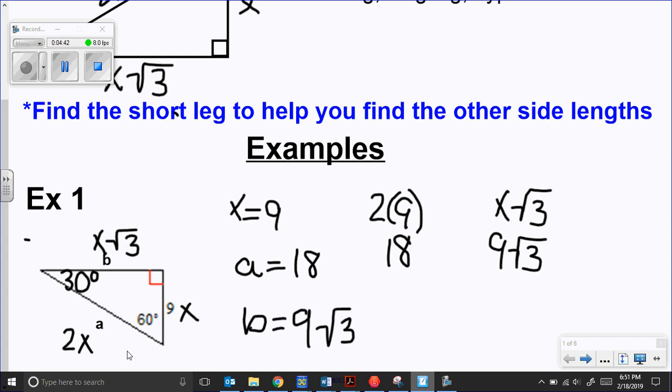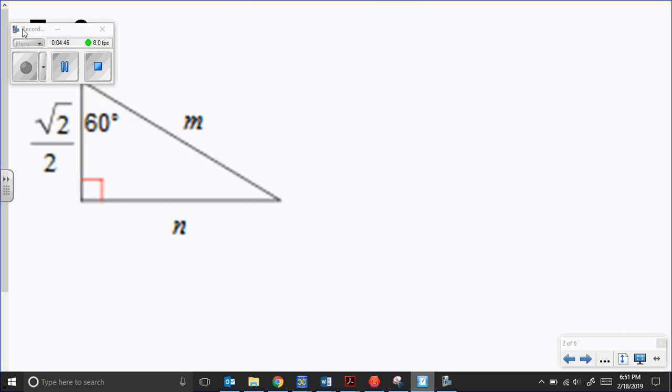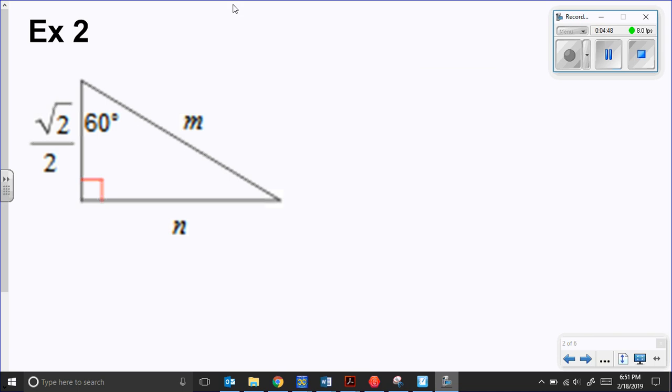All right, let's go on to our next example, example 2. And so in example 2, we see a 60-degree angle and we see a 90-degree angle. So we know that the other angle must be a 30-degree angle. Okay, so now we know that our short side is over here.